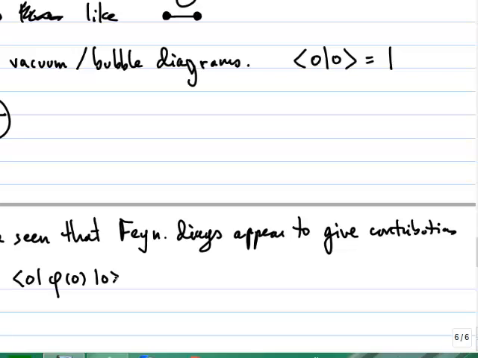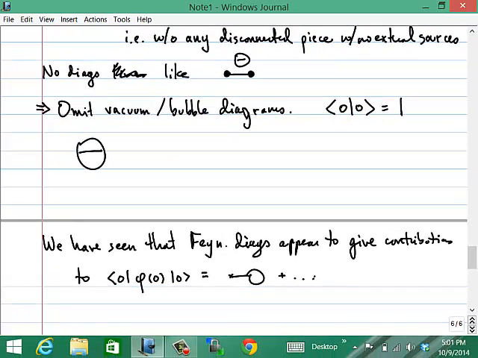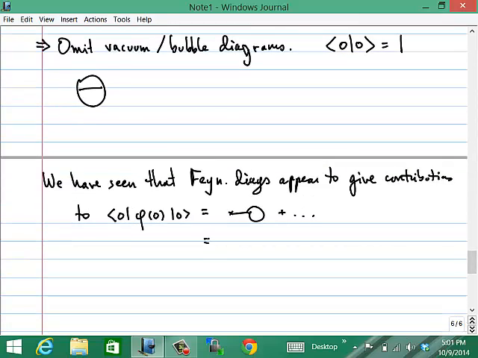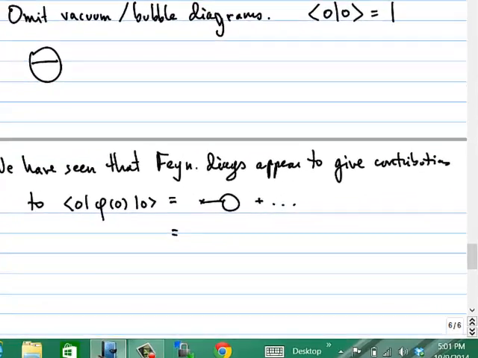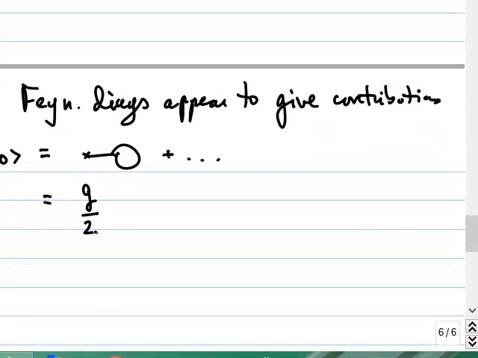By translation invariance, I could always think about it as phi inserted at x equals 0. So, for example, in our phi cubed theory, there would be a contribution that looks like this, and then a bunch of higher order contributions. In terms of formulas, this would be g over 2, because that diagram has a symmetry factor of 2, coming from interchanging the two endpoints of that propagator.